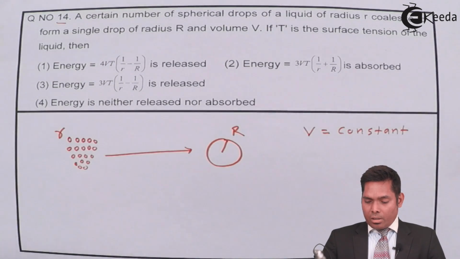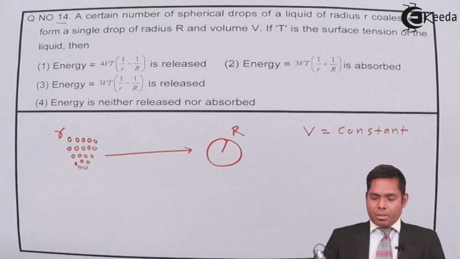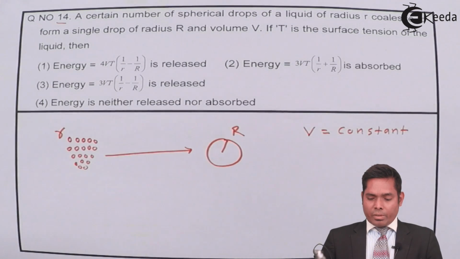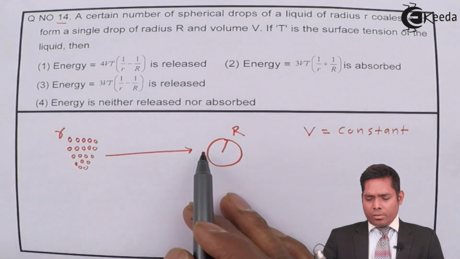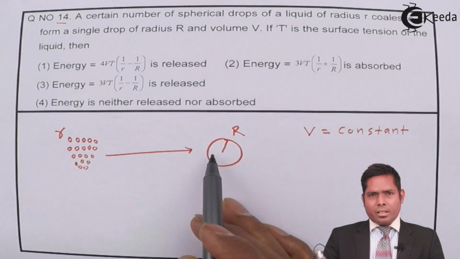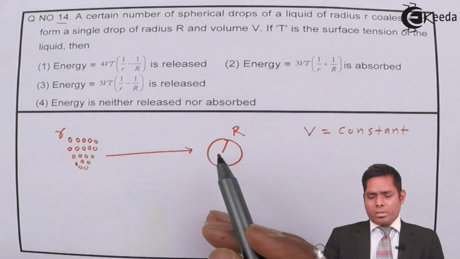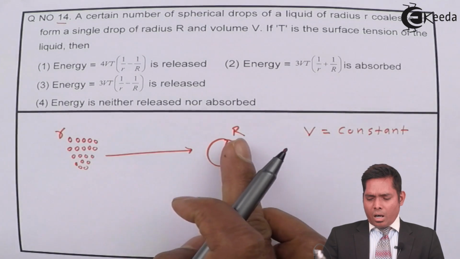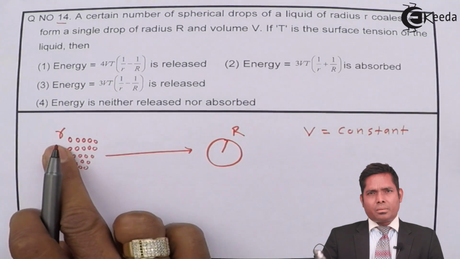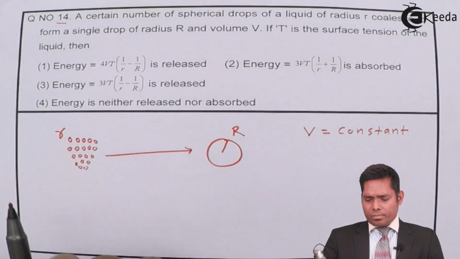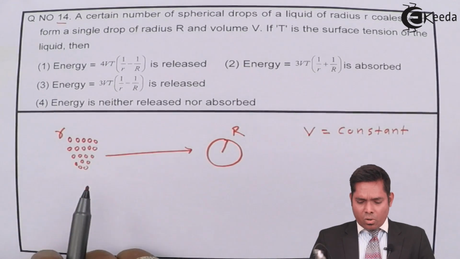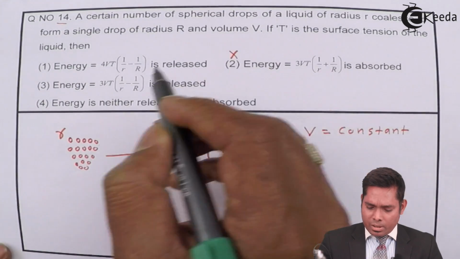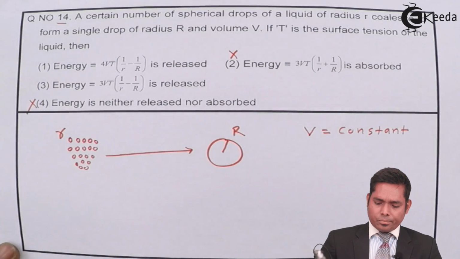So option 1 or 3 might be the answer. Now, how much energy is released, that we are going to find. Because the area is decreasing, the change in area is negative, so energy is released. Anyway, energy is released, so 2 cannot be the answer, and 4 cannot be the answer.